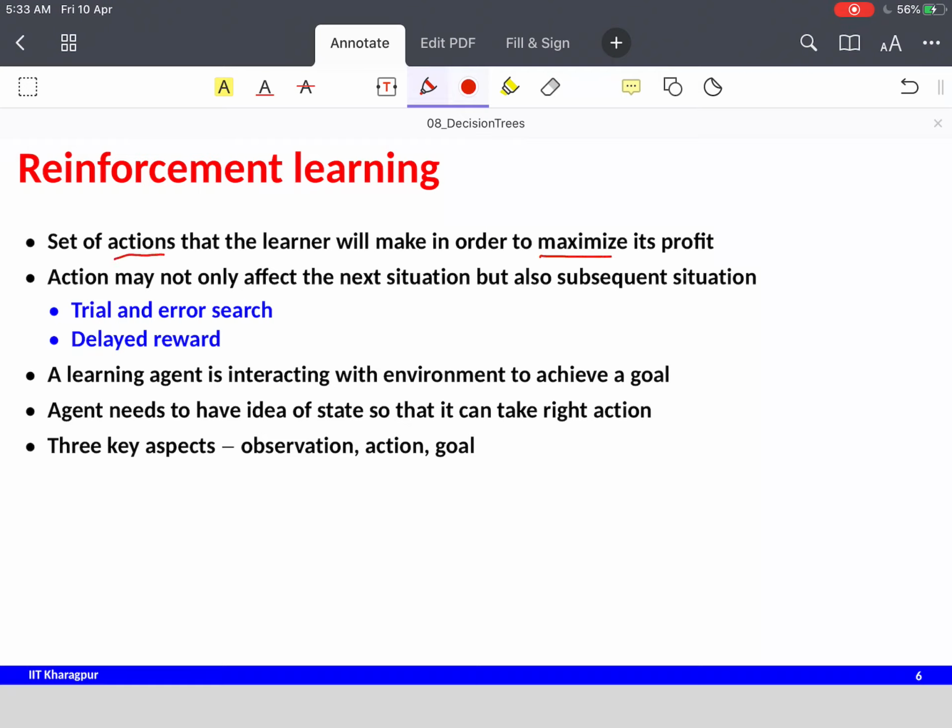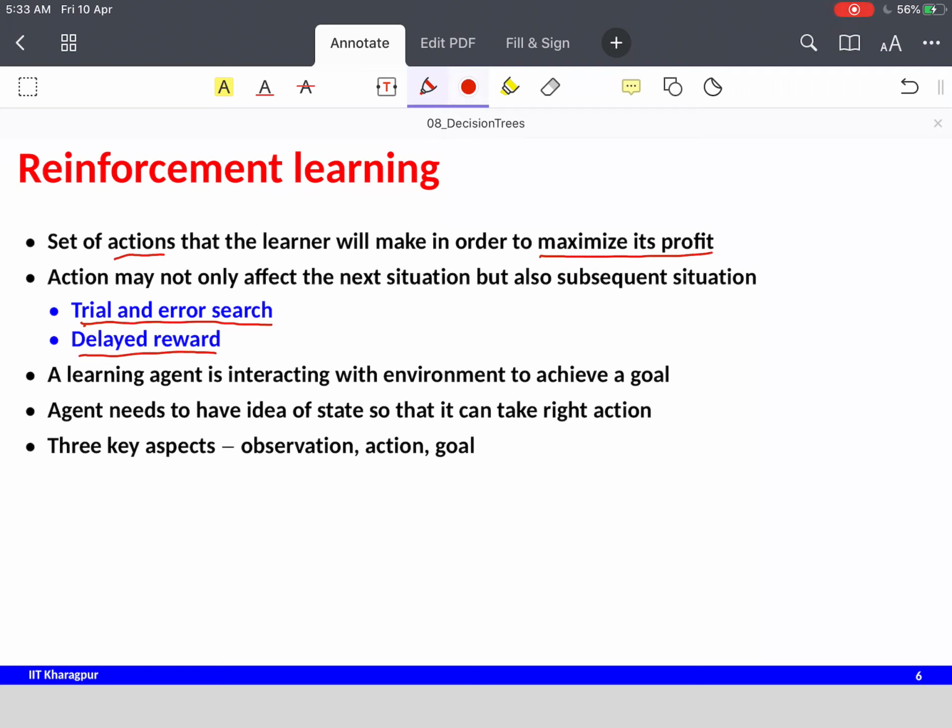So it has to take actions that would maximize its profit, or its return on the reward. In order to do that, the agent needs to do a trial and error search, which is one of the basic methodologies. And the important point here is that it will have a delayed reward.